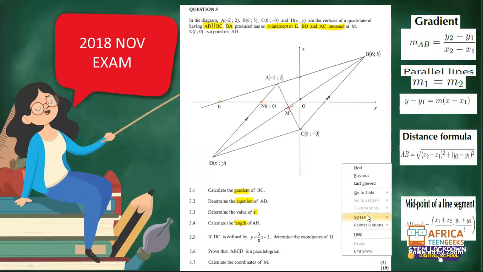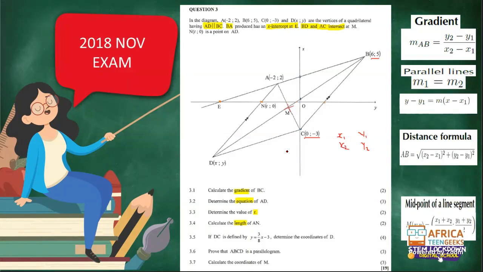And we realized that we have the point C and B, so we have both X and Y. Remember, it's good to show which one is your X1, Y1, and then also your X2 and your Y2. Okay. So make sure you identify. You can use either one of the points as your point 1 or as your point 2.